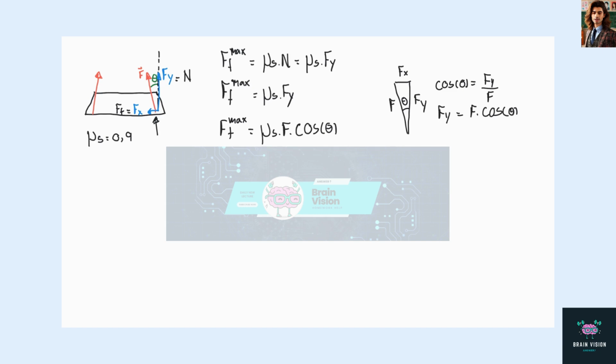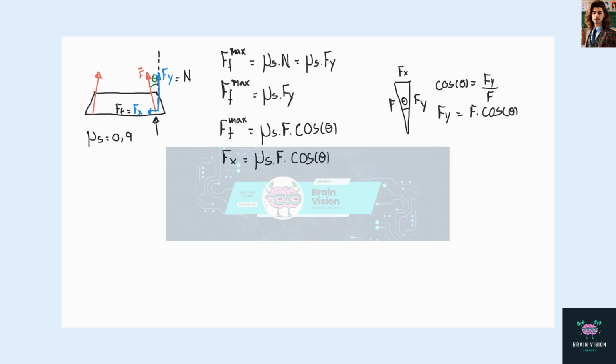But now, note that the frictional force is also equal to the x component of the force F. Then F component X is equal to mu S times F times the cosine of theta. We can also calculate F component X using the angle theta.